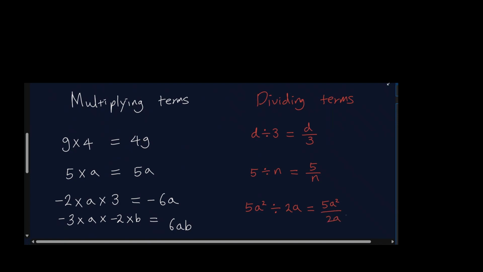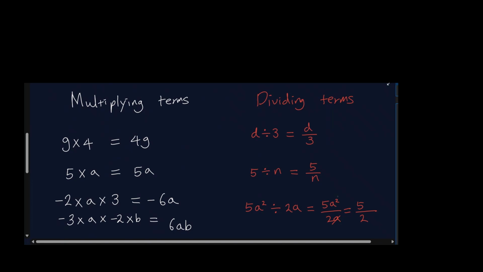And then before we just finish off, let's see whether we can simplify further. Number 5 over 2, which is 2.5, but you just leave this as a fraction. That's fine. But what about a squared and a? We can cancel this together. So I will cancel 1a at the bottom with 1a on the top.